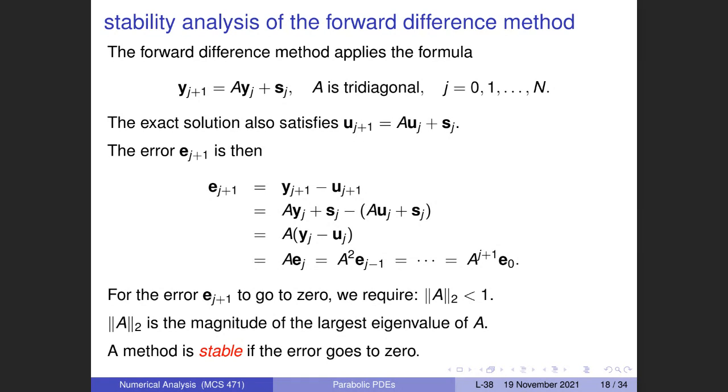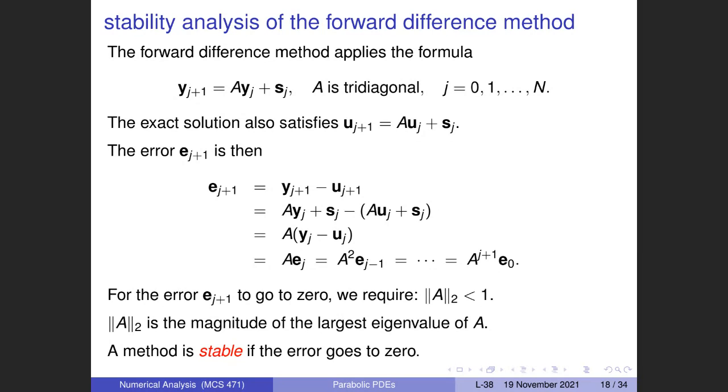So we make these products, and the vector will actually grow unboundedly if the norm of the matrix is larger than 1. So the problem is that the largest eigenvalue of our matrix A should not be larger than 1.